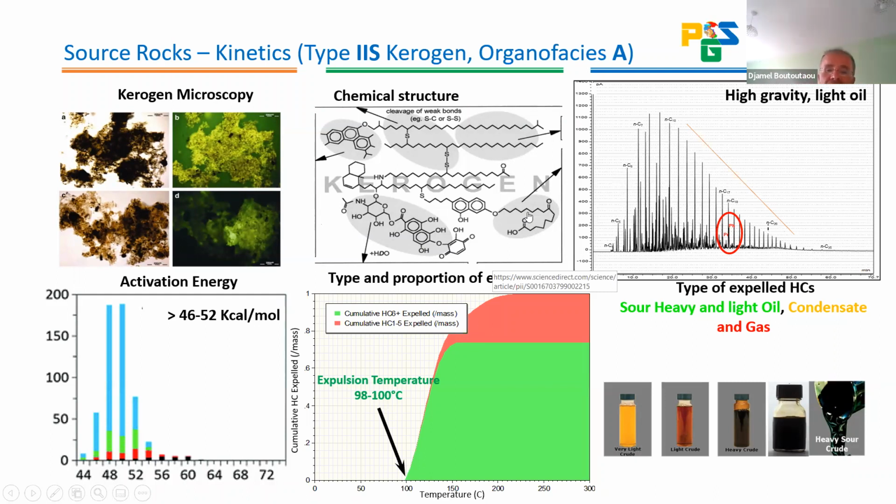And the reason why type 2S generates early oil, at early maturity, when talking about vitrinite reflectance, you're talking about starting to generate between 0.45 to 0.55 vitrinite reflectance. And that is because of the presence of sulfur.